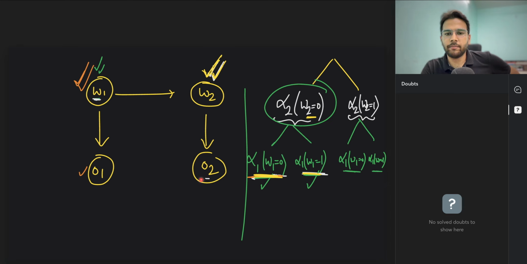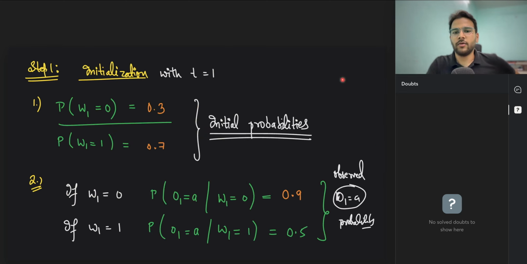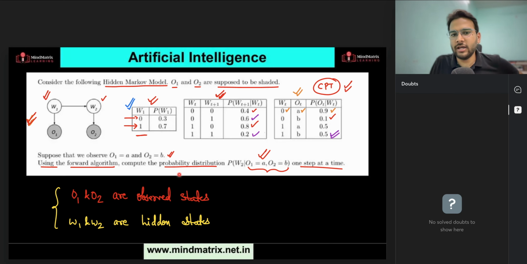Okay, fine. So instead of asking both the values, they may just ask you this value also. For example, in this question here, carefully observe this. They have not mentioned the value of W2, whether it is 0 or 1. That's why we are finding it for both.